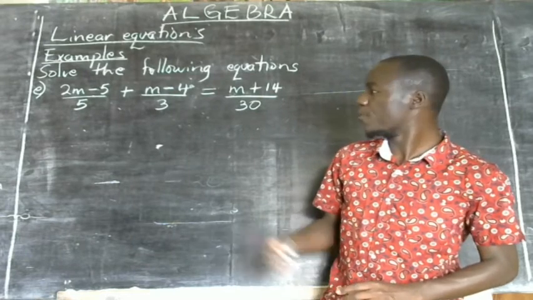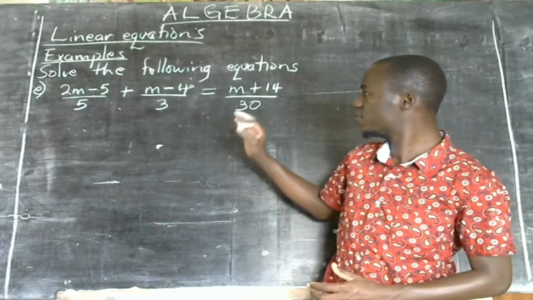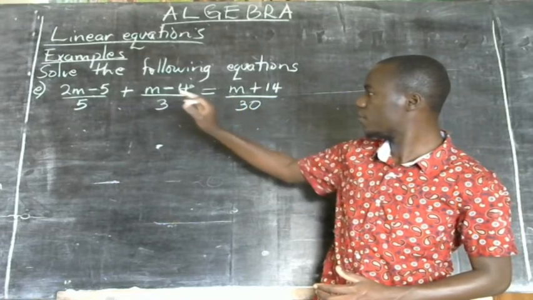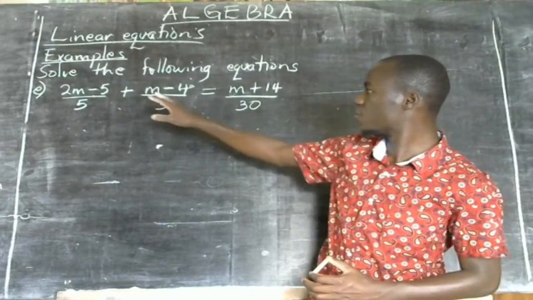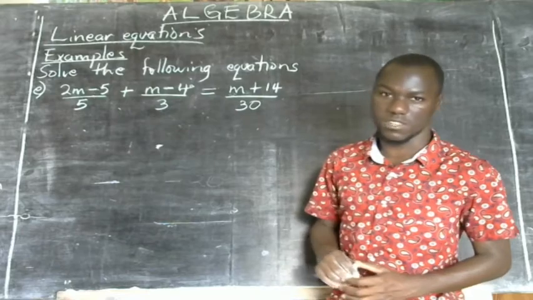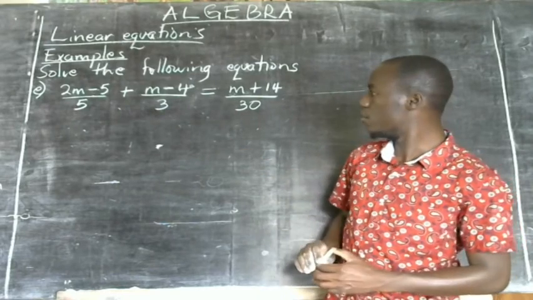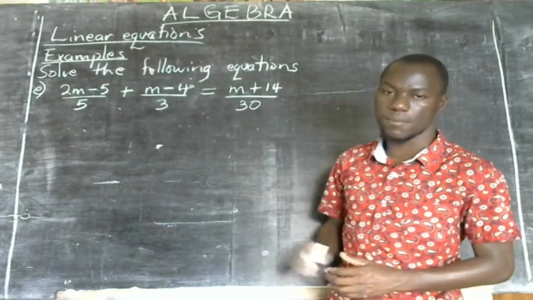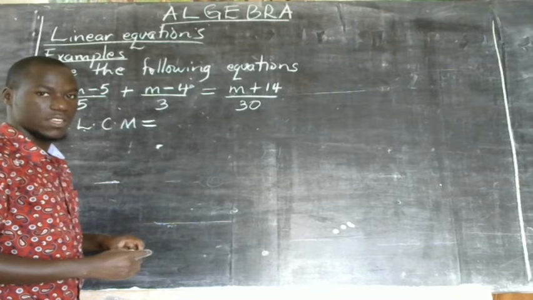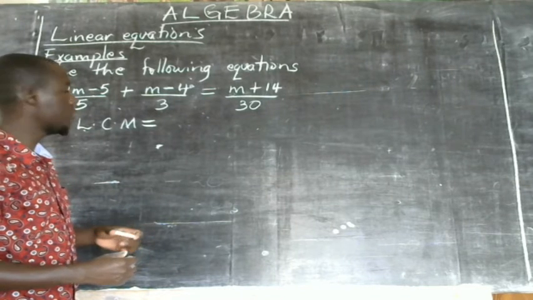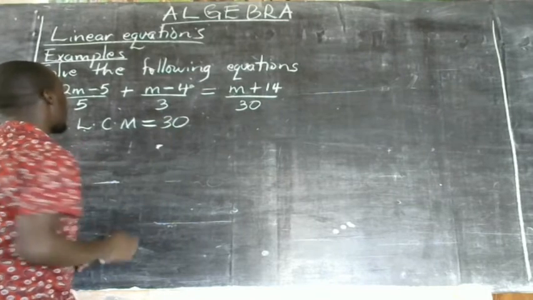Part E, we are still solving for the unknown. Now we have the unknowns there in our numerator, and then we're going to first put brackets on them, get the LCM of the denominator, multiply it throughout each term in the equation. So the LCM of 3, 5 and 30 is 30.